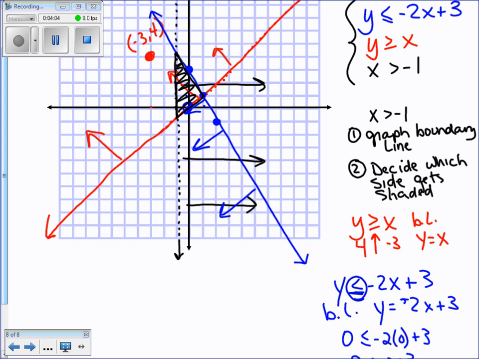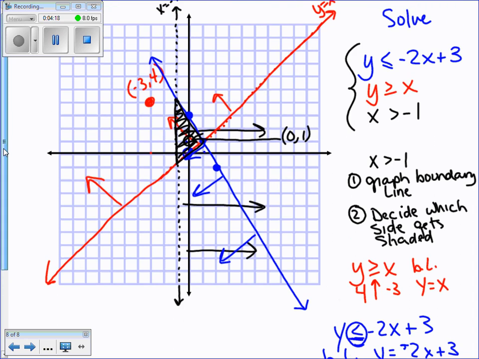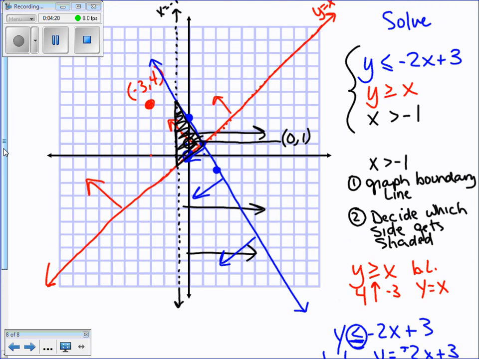The way to double check that is I'm going to pick a point in that shading. See this point here at 0, 1 is kind of in the middle of all that shading. And I'm going to test it for all three of these inequalities and see if it works.